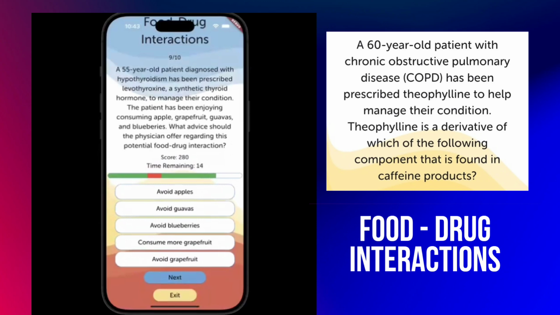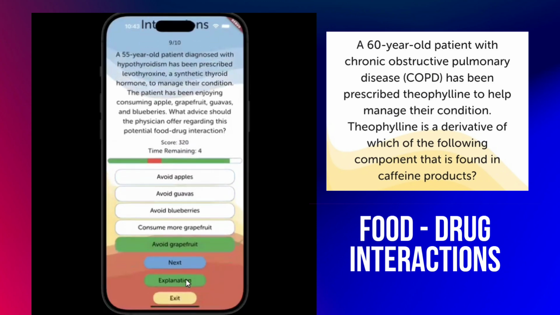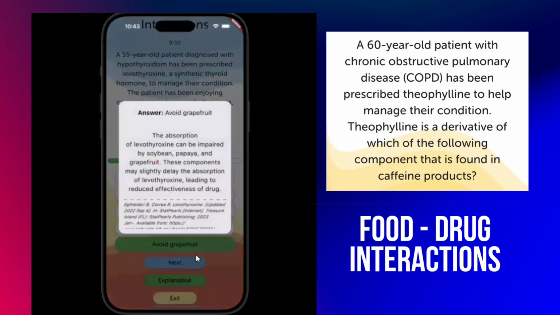I will say avoid apples, no. Avoid guavas, avoid blueberries. Consume more grapefruit, no. Avoid grapefruit. Let's go. Avoid grapefruit. Let's look at the explanation. The absorption of levothyroxine can be impaired by soybeans, papaya or pawpaw, and grapefruit.